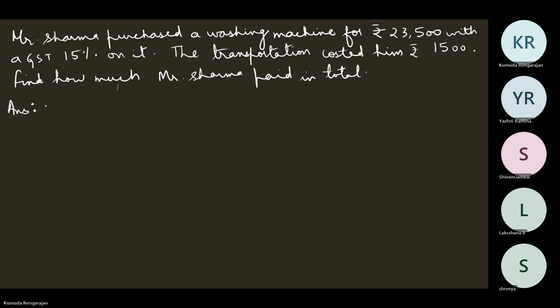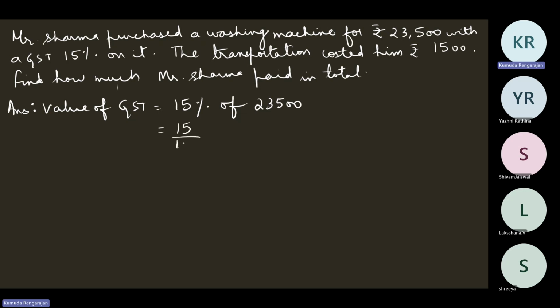So value of GST is equal to 15% of the cost of the product, 23,500. Whatever is the cost of the product, 15% of that is the GST. So 15% means 15 by 100.